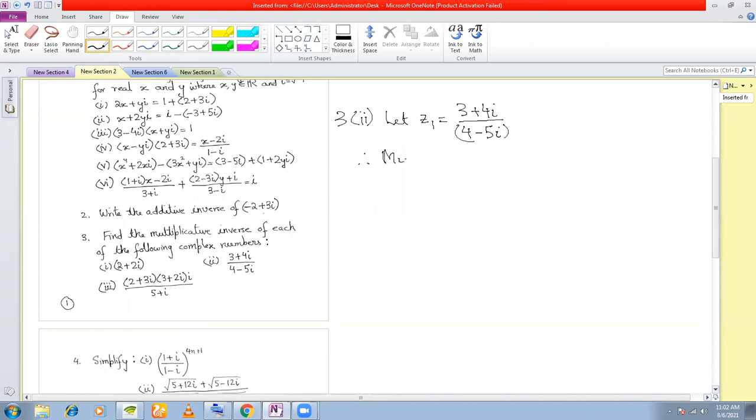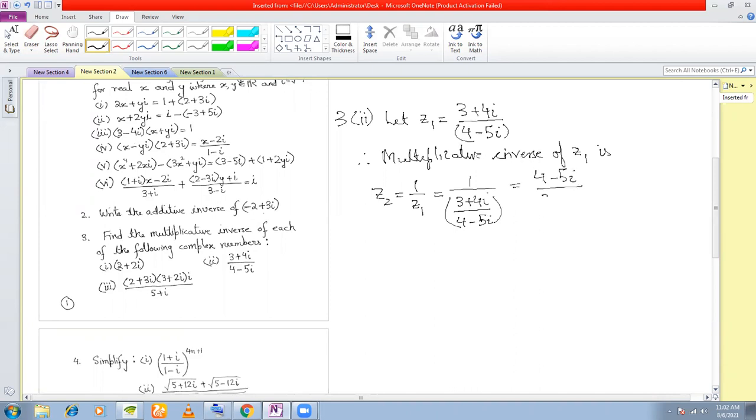Therefore, multiplicative inverse of z1 is z2 equal to 1 by z1, reciprocal of z1. 1 by 3 plus 4i divided by 4 minus 5i, which can now be written as 4 minus 5i divided by 3 plus 4i.